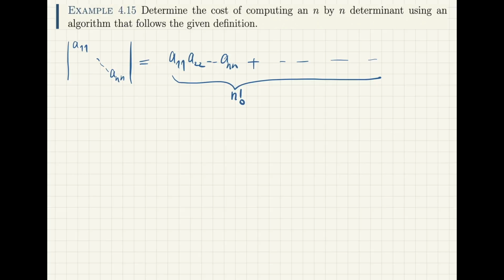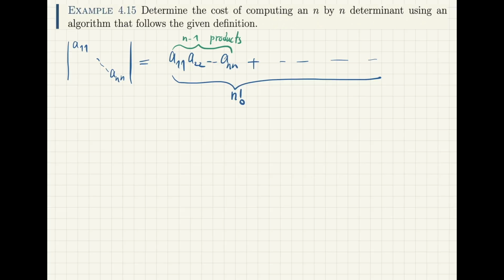Okay, but how many arithmetic operations do I need for doing one elementary product? In each elementary product, I have n factors. So the number of products that I need is just n minus 1. Yes, so I need n minus 1 products here to perform this one.